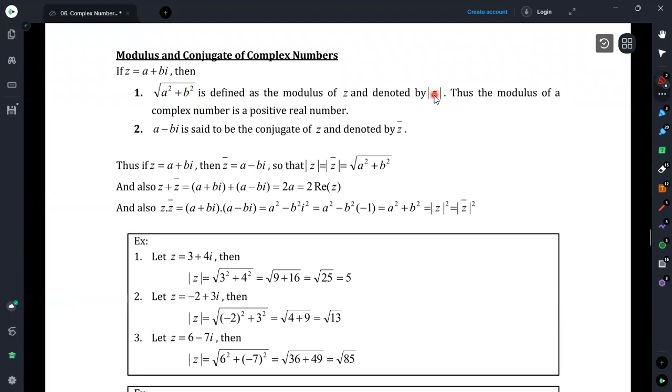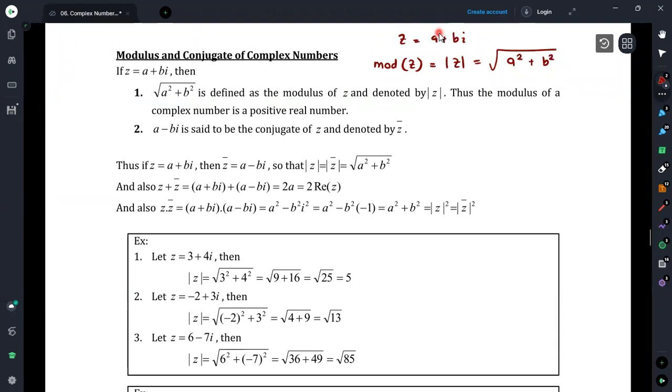Therefore, here z is given as a plus bi. Then we can find the modulus of z. It can be obtained by the square root of a squared plus b squared.